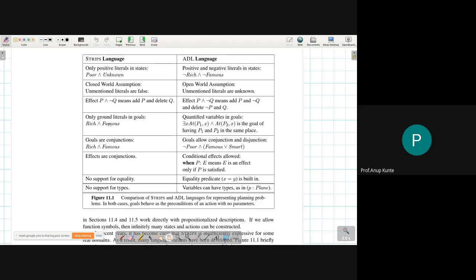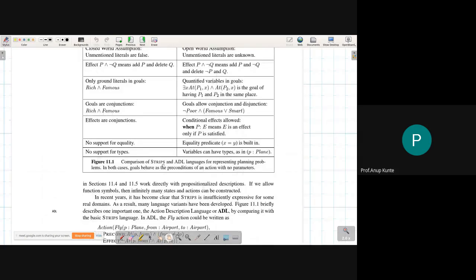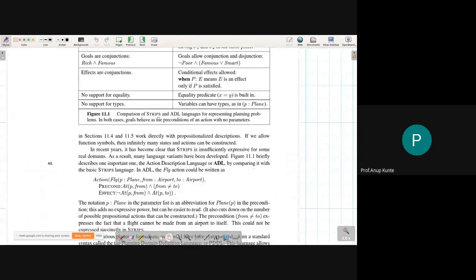But in ADL, that is possible. So ADL is closer to a generic representation. There is no support for types in STRIPS, whereas in ADL, there is a way to represent different types for different objects. Okay, so that's the difference between the two representational languages, ADL as well as STRIPS.